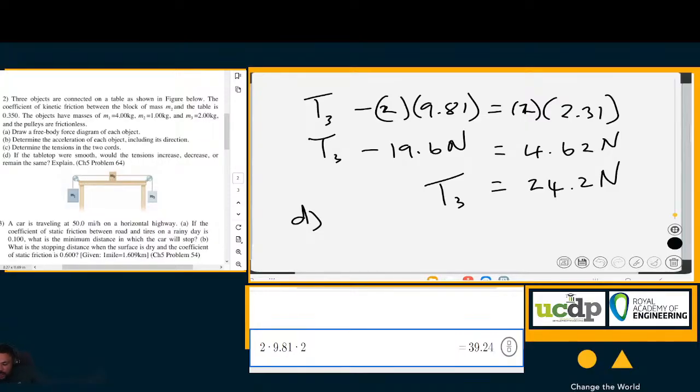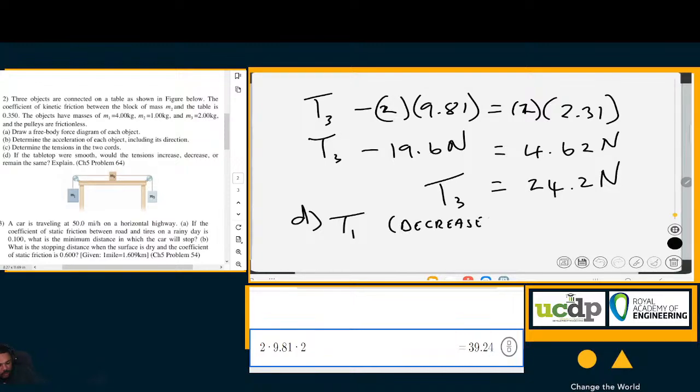And for a larger acceleration, according to those equations, for T1, the tension would decrease.